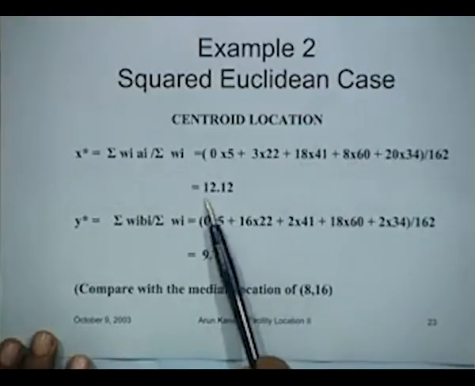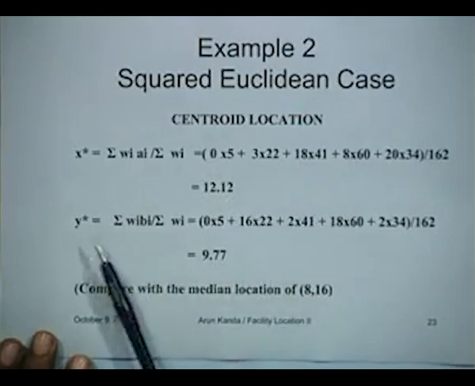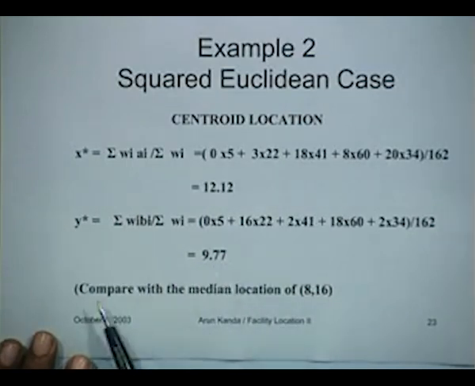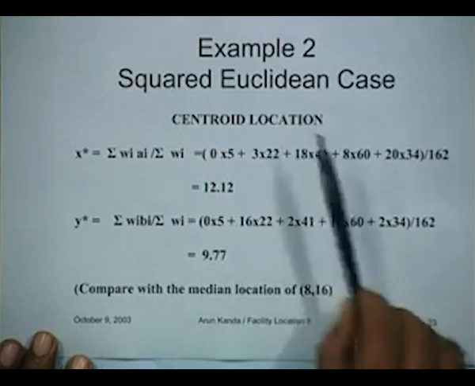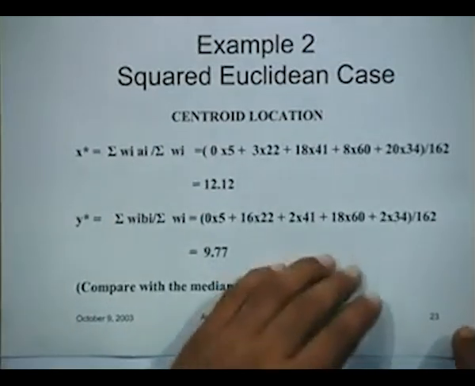Now the question is, which is the best position for the bonfire such that the total loss of heat energy is minimum for all these people? If that is to happen, the bonfire should be at the centroid of all these points where these people are sitting. That is exactly the satellite location problem. So this can be determined very simply: x star is 12.12 and y star is 9.77, and therefore you can determine the centroid location very simply in this particular case.